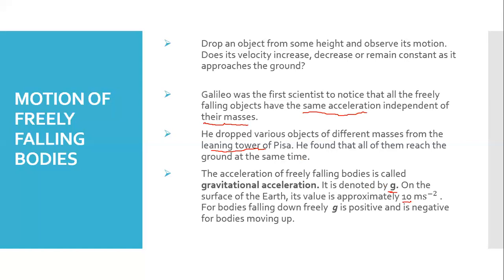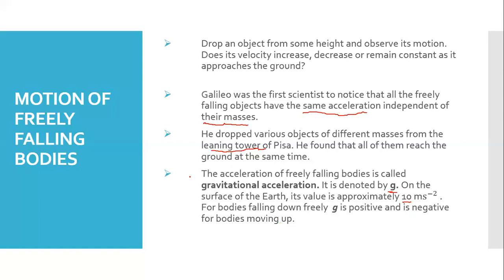For bodies falling down freely, g is positive, and it is negative for bodies moving up. So we take the value of g as positive if the body is moving from top to bottom, and the value of g is taken as negative if the body is moving from bottom to top.